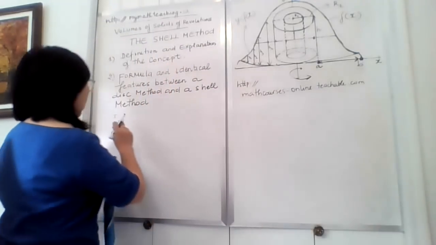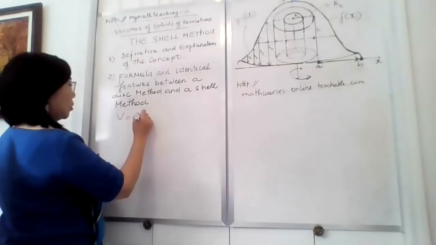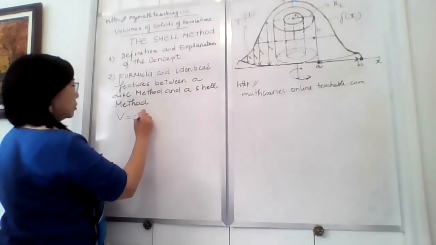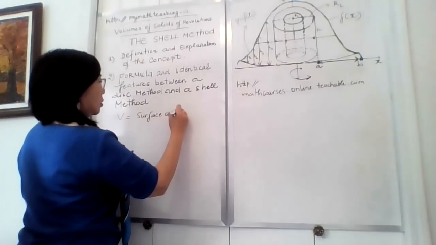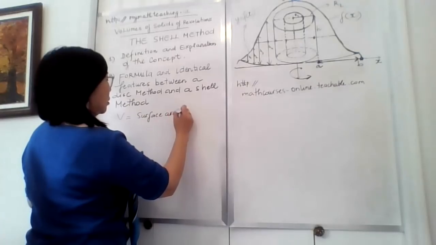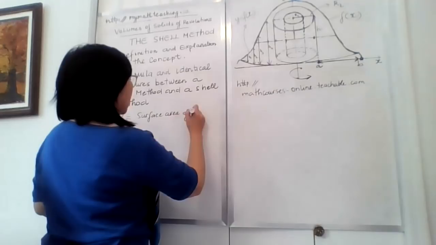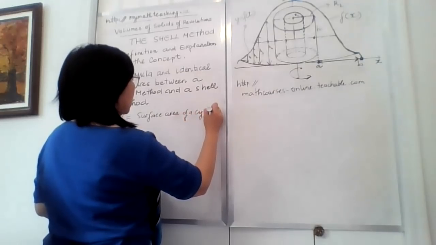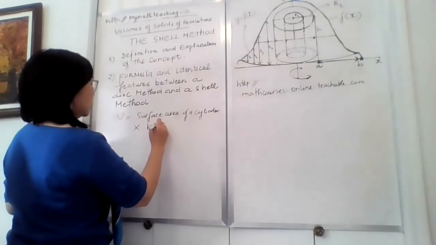So let's talk about the volume. The volume of the shell method equals the surface area of a cylinder times the height.